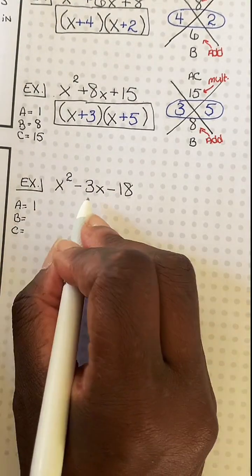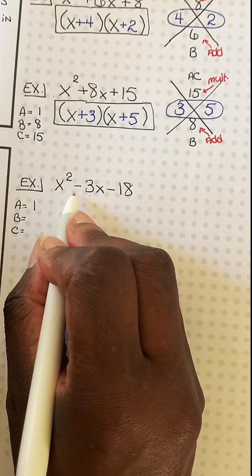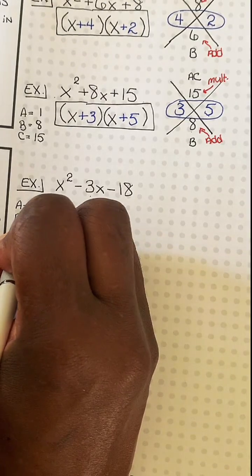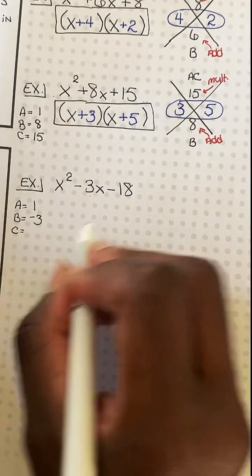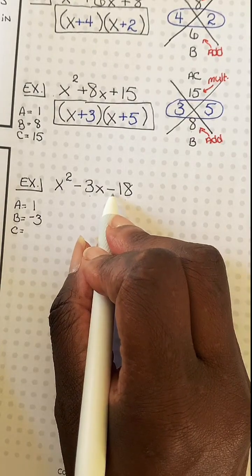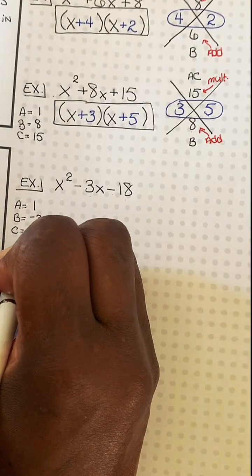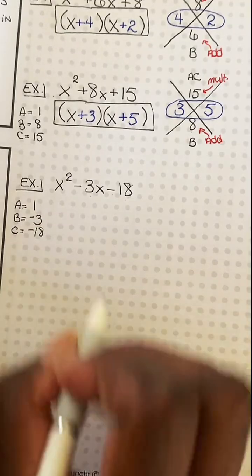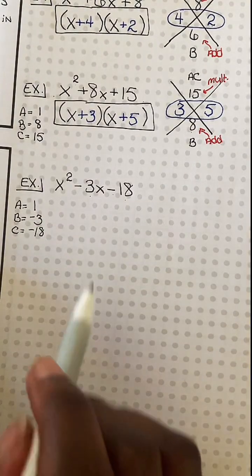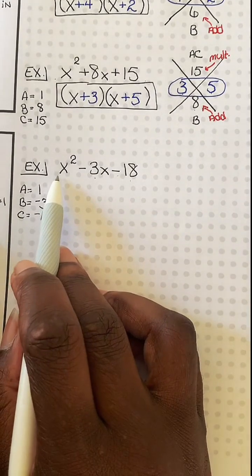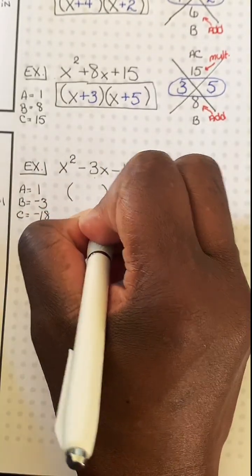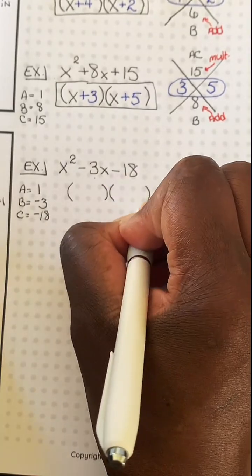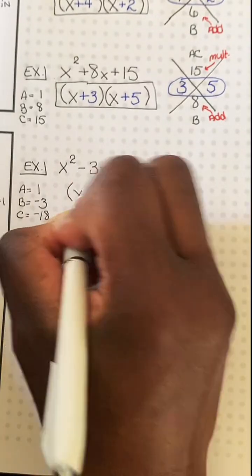My B is always the coefficient of the x, which is a negative 3. And my C is the constant with its sign, so negative 18. Since my leading coefficient is 1, I can go ahead and split the variable, which in this case is still x.